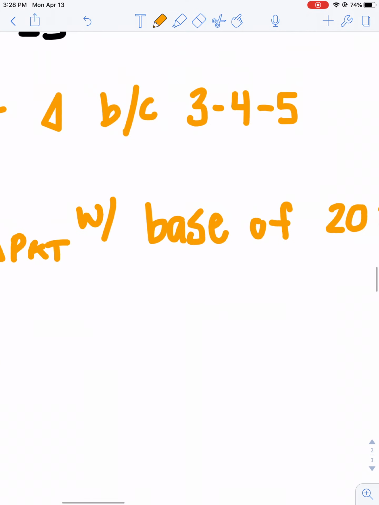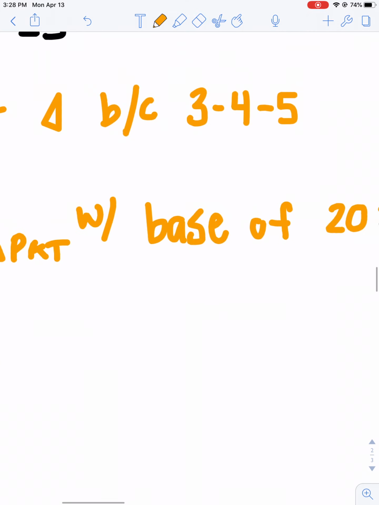Okay, how does that help us? Well, we still need to figure out the height. Now, what we could do is use this height that we already drew in triangle PKT as our new height, and we can use 25 as the base. Since we don't know what this height is, that's what we'd be solving for. I already know the area of triangle PKT is 150 units squared. So now we can set them equal.